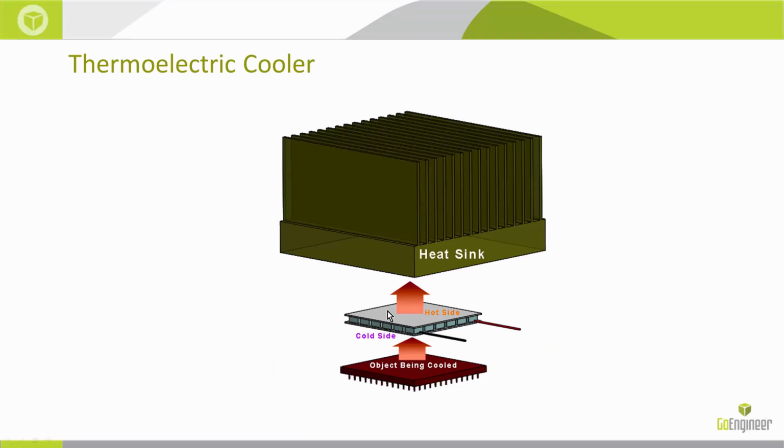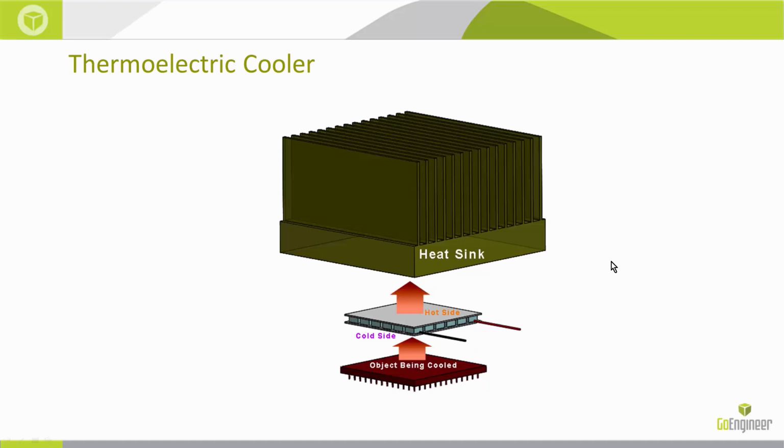Instead of modeling all the different components, you represent this with a cube inside of SOLIDWORKS of the same exact overall shape. And then we have assumptive materials that come downloaded with the electronics cooling package that represent the heat loss across it. You could also, of course, set up your own custom heat loss equation for the thermoelectric cooler.